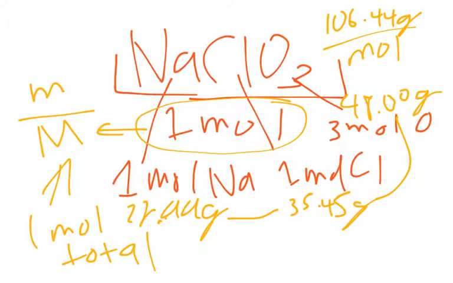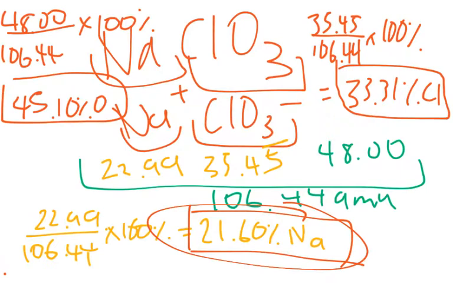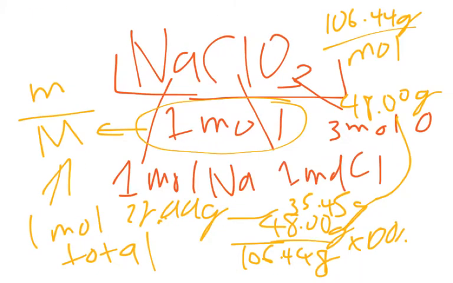For example, if we wanted to look at oxygen, we know that in 1 mole of sodium chlorate, it weighs 106.44 grams in total, and we know that the oxygen weighs 48.00 grams, and then you just multiply by 100%, and you get the same exact percentages as before. So the math is all the same. You could choose to either use atomic mass units or the molar masses. The choice is up to you, but let's move on now.